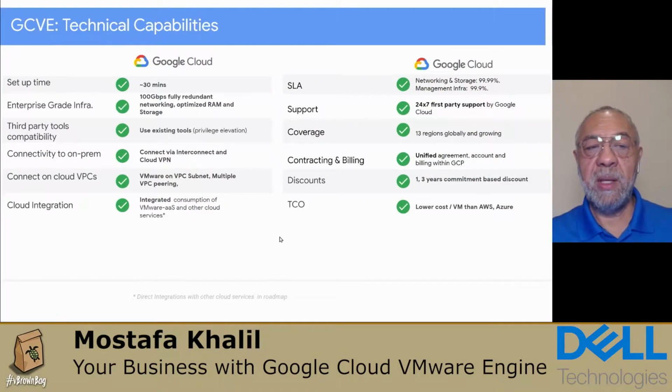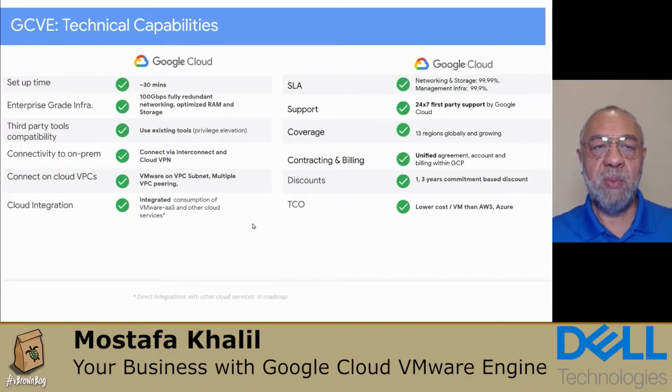You get enterprise-grade infrastructure, with a 100 gigE network and optimized RAM and storage. We are compatible with all third-party tools that VMware supports, and we provide you a feature called privilege escalation that gives you full administrative privileges to deploy the third-party tools that may require admin privileges.